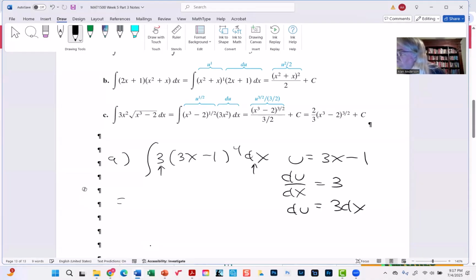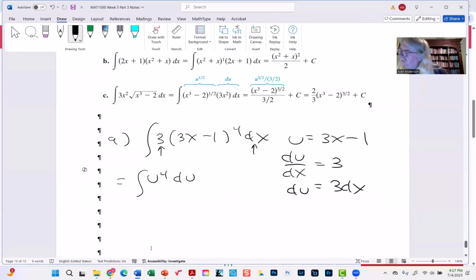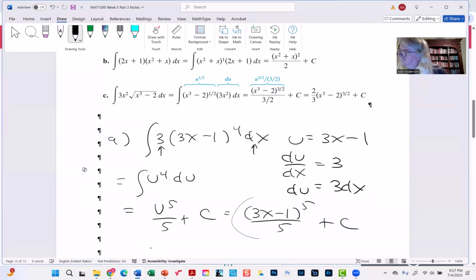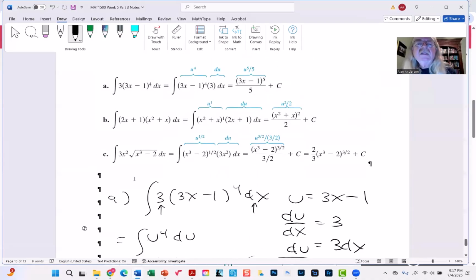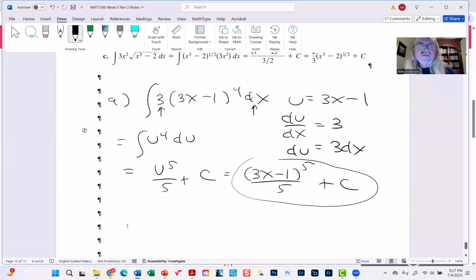And so we end up here with the integral of u to the 4th du. And that means we have, and there we go, (3x minus 1) to the 5th over 5 plus C. Beautiful.